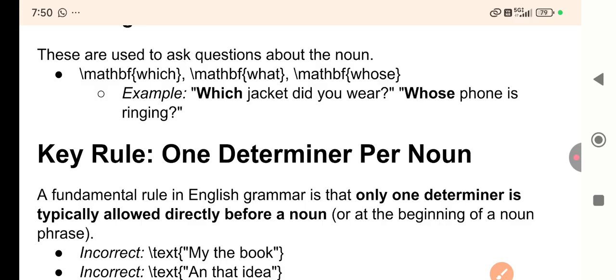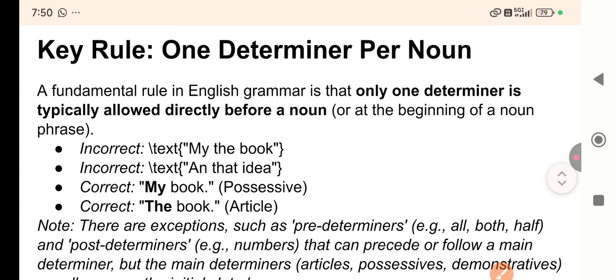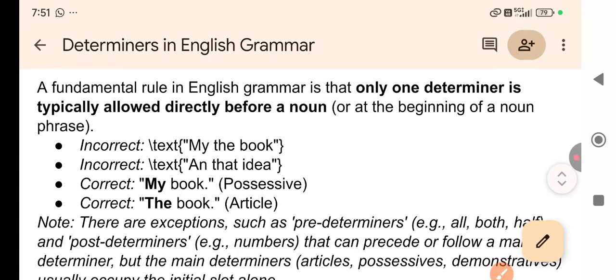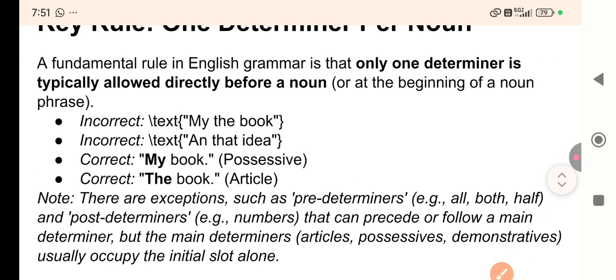Okay, now key rules. One determiner per noun. Remember, one determiner per noun. One determiner, one noun, right? A fundamental rule in English grammar is that only one determiner is typically allowed directly before a noun.